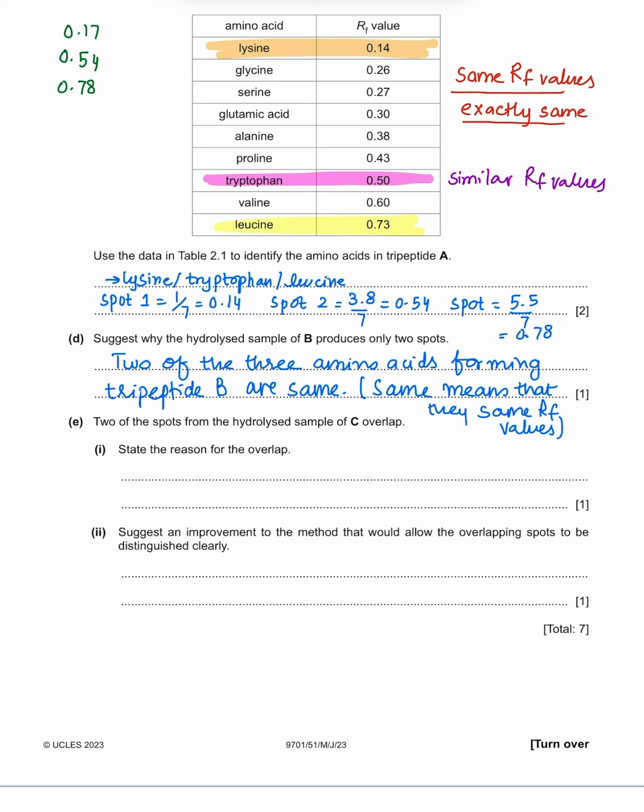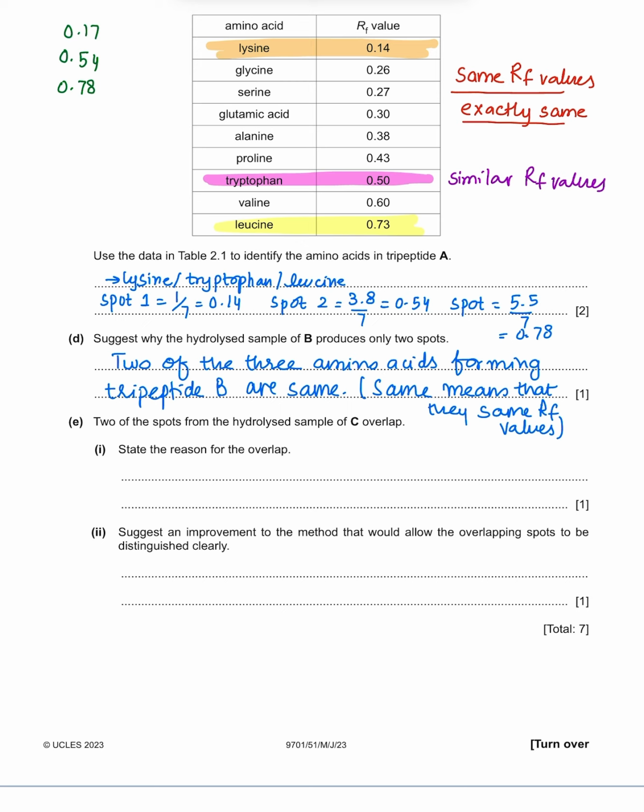For example, let us suppose that it was made up of like alanine and proline. So alanine, 2 amino acids, both of them have RF values of 0.38. This is just an assumption to make you clarify about the concept. So you can say if the RF values are exactly the same, you are going to get a similar spot, right?